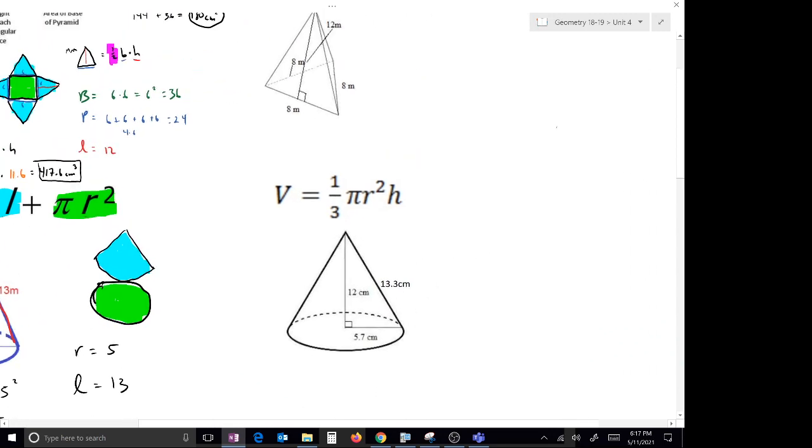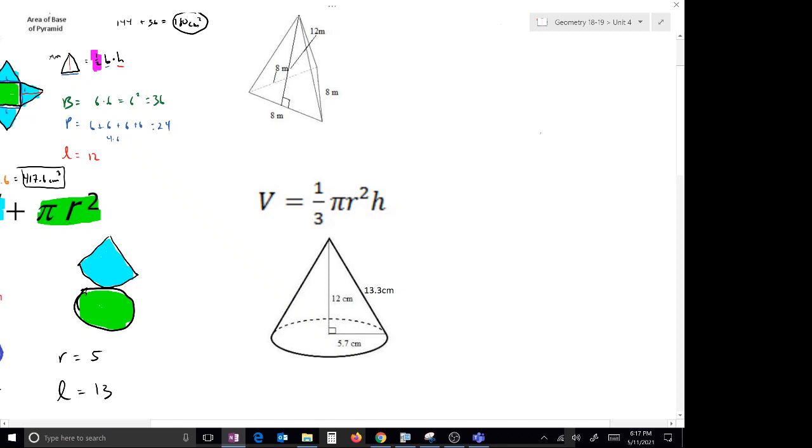Volume, again, is very similar to the volume of a cylinder. It's 1/3 of it, in fact. So a cylinder is pi r squared h. A cone is 1/3 pi r squared h. Okay. All right.